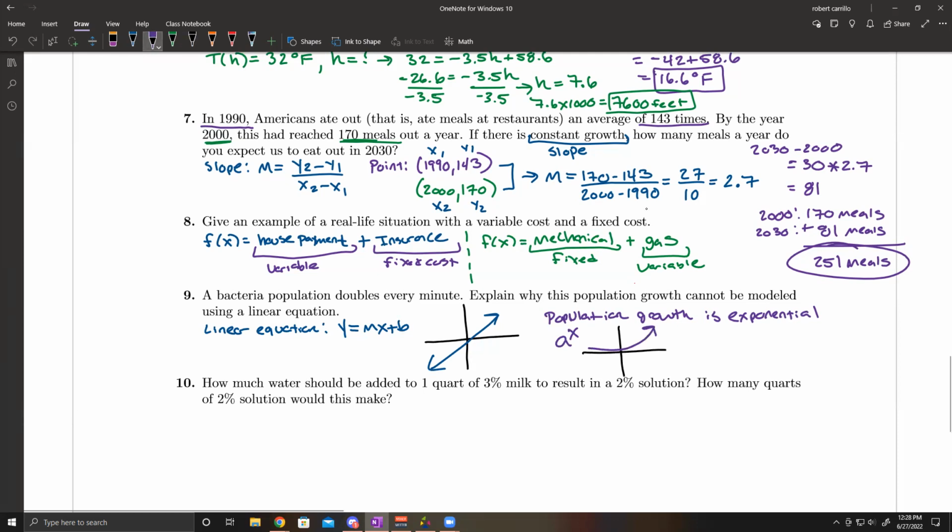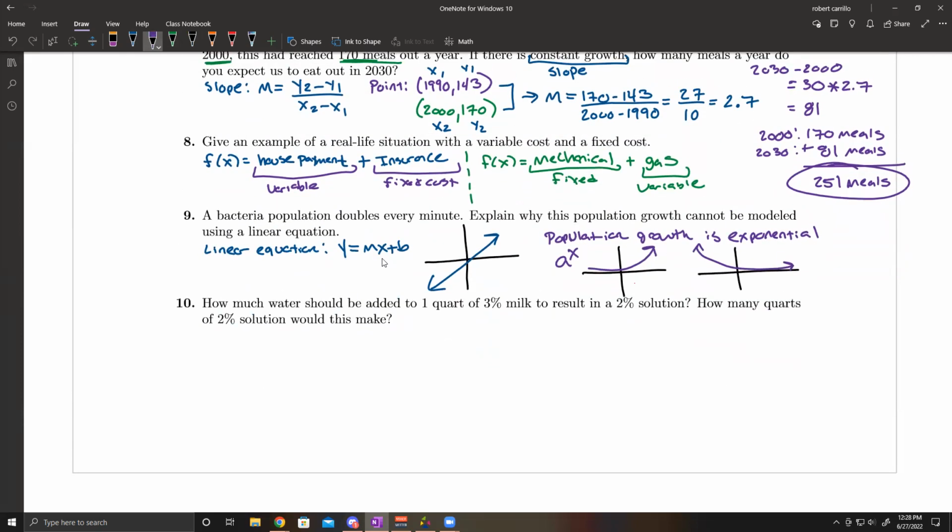They curve. Or if the population is decreasing, they go the other way. They decrease. So again, since this population is doubling every minute, that's not linear, right? It has to be represented exponentially. So this is why we can't represent that by a linear model. Okay.